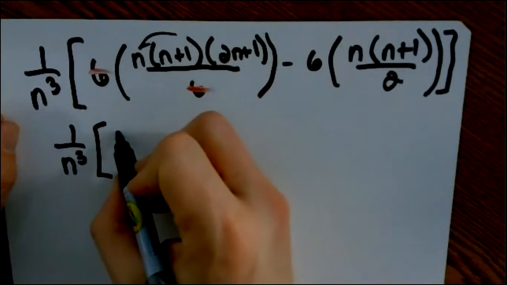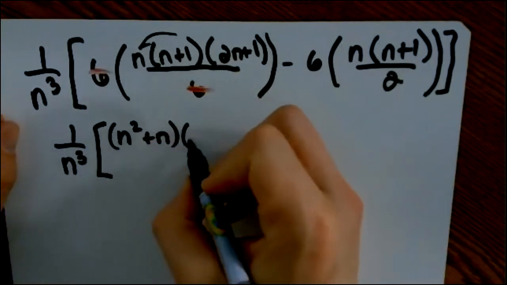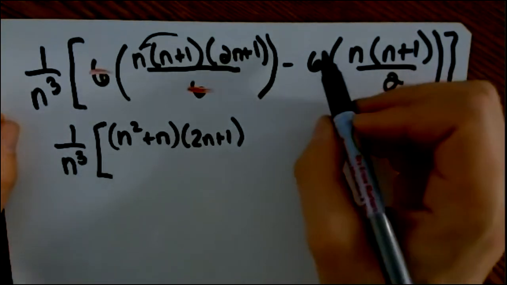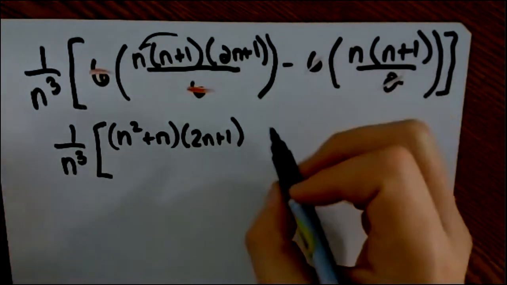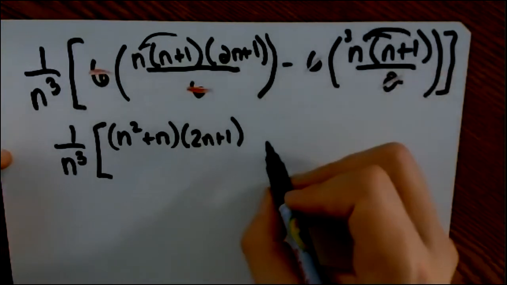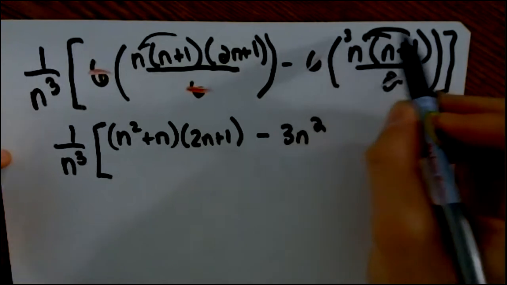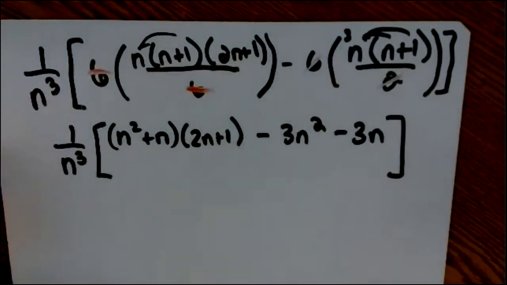If I distribute that n, I get n squared plus n times 2n plus 1. And then 6 over 2, I can say, well, that's just 3. So then 3n, if I distribute that through, will be minus 3n squared, and then minus 3n times 1 is minus 3n. So it's starting to look a little nicer.